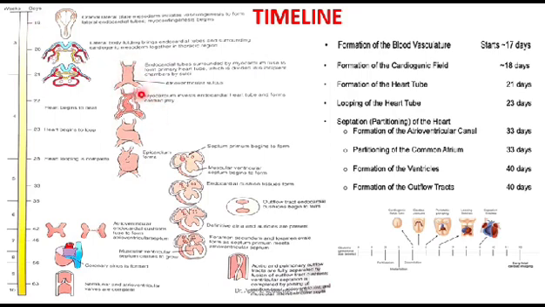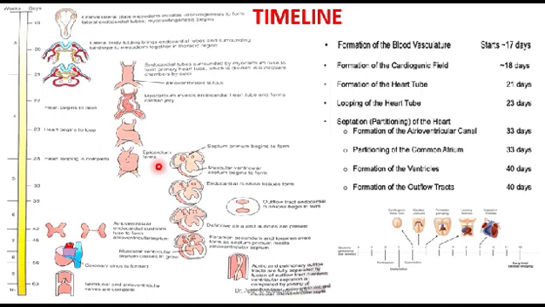And this single heart tube is pushed into a cavity which is called the pericardial cavity, and the growing heart tube, to fit into the pericardial cavity, will be undergoing bending, looping and twisting so that it fits into the pericardial cavity to form the near normal anatomical position.